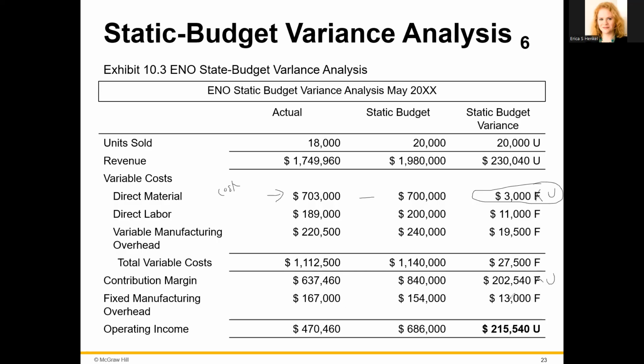And then down here, this one would also be unfavorable because there's more in overhead costs. Whoever made this slide. Ultimately, the bottom line is unfavorable because their operating income was lower. So when you go through and look at all of these, you have to consider, like they mentioned earlier in the slides, whether each one is improving or deteriorating our operating income. Higher cost is typically unfavorable.